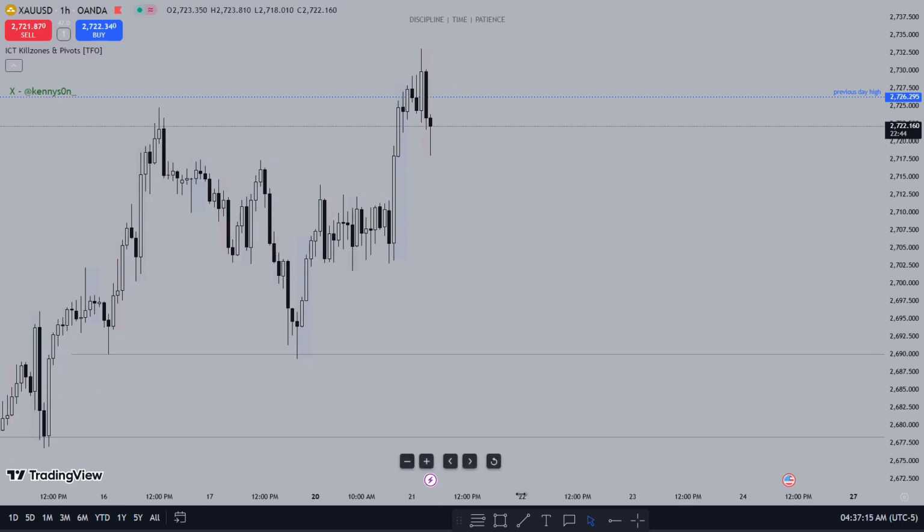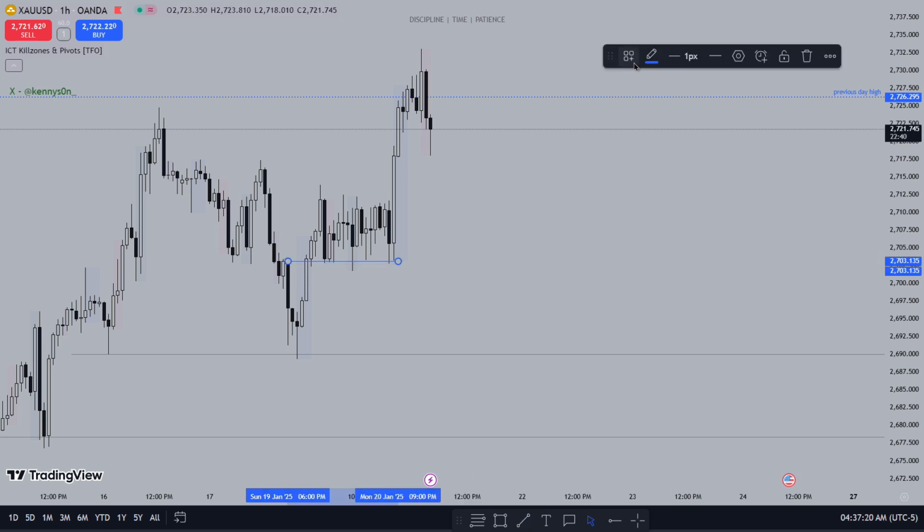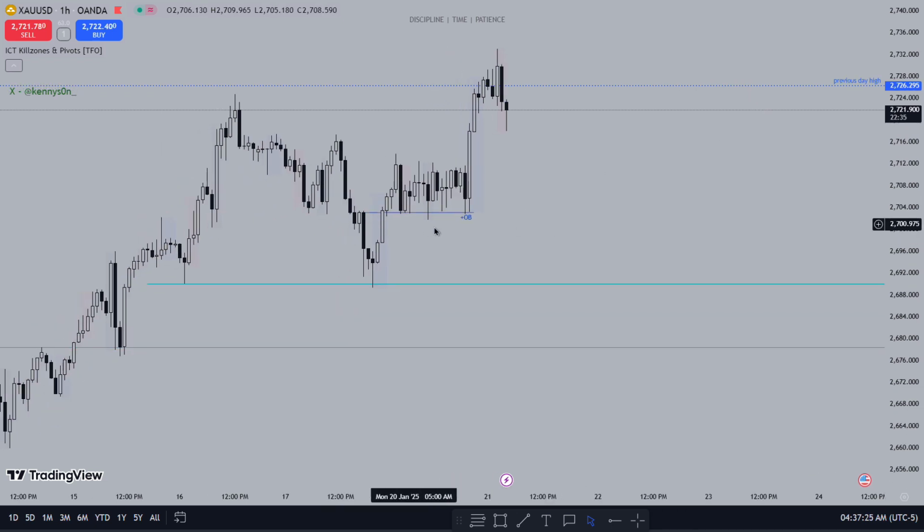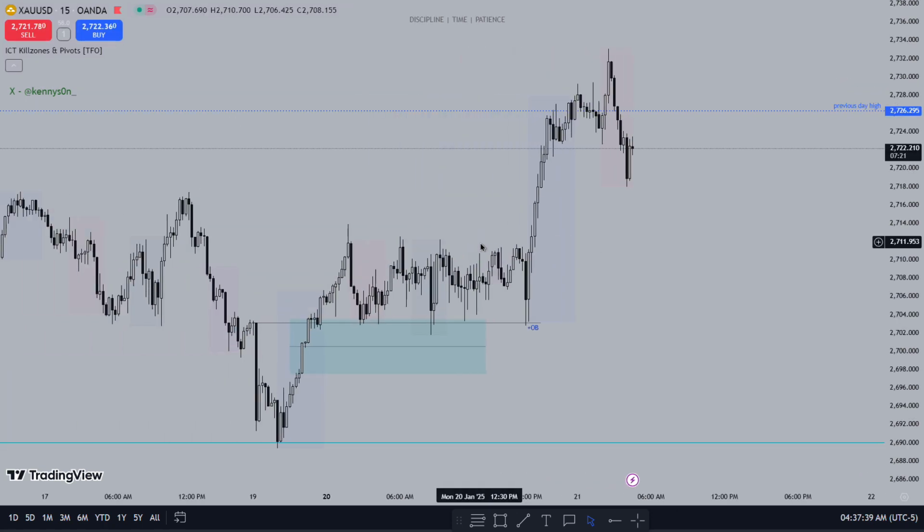Trading to this BC, we got this order block on the hourly, and then my interest was this hourly BC. So if you go back to the 15-minute time frame, that was my interest. London traded to it but failed to change the state in delivery, as you can see.